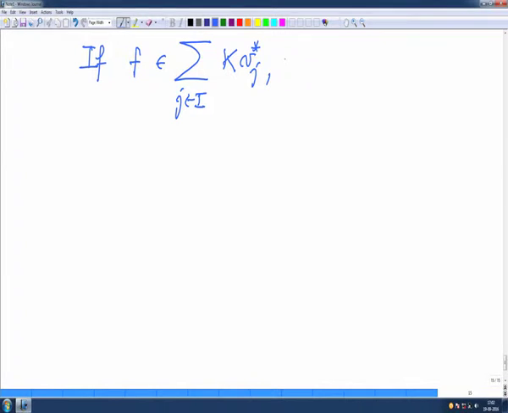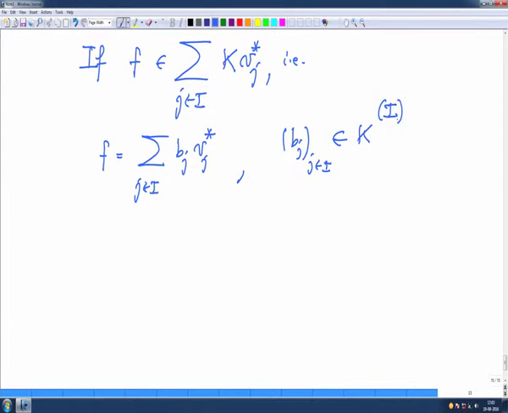What does that mean? That means F can be written as a combination, summation of b_j v_j star, j in I, with the property that this tuple b_j is in K power round bracket I. Suppose it is this, then we should get a contradiction. Only finitely many b_j's are non-zero, and I is our infinite set.